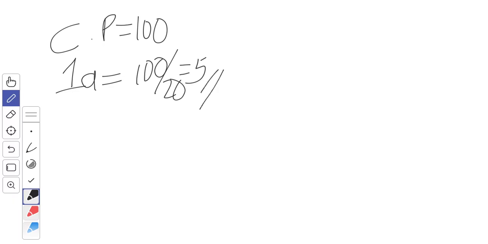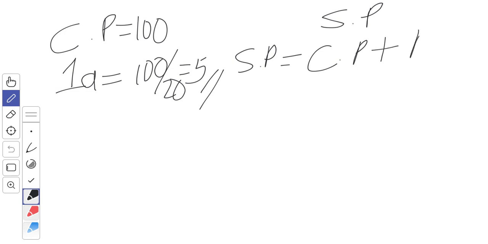Now we need to find the selling price of the item. Let's find the selling price of each item. In the question it's given that the profit is 25%. That means selling price would be equal to cost price plus the profit. Let's first find the profit, 25% profit.